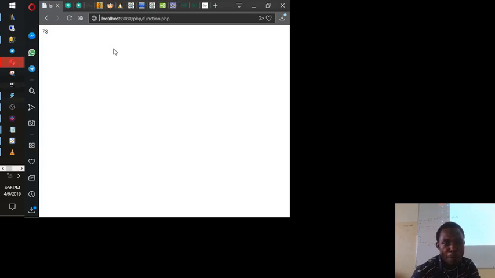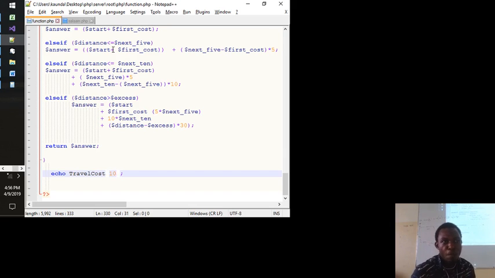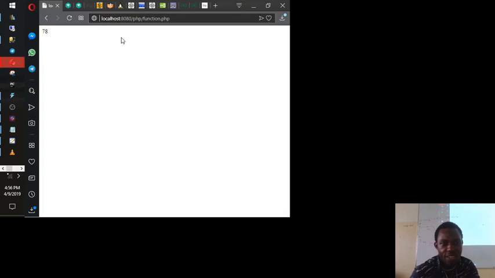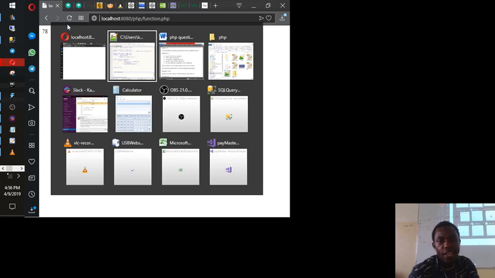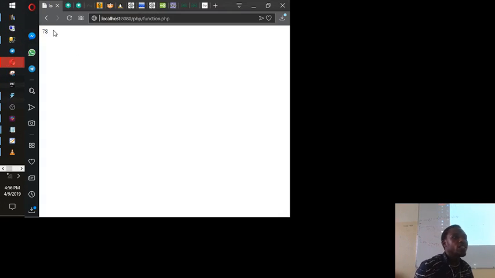The code. I'm looking at this. Let's verify if this is what you're supposed to get from the graph. The rule is 10 kilometers. Distance is 10 kilometers. So what are we supposed to get? It's supposed to be 68.